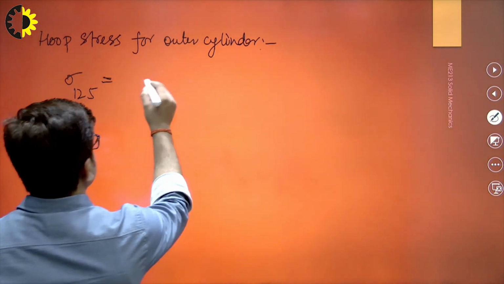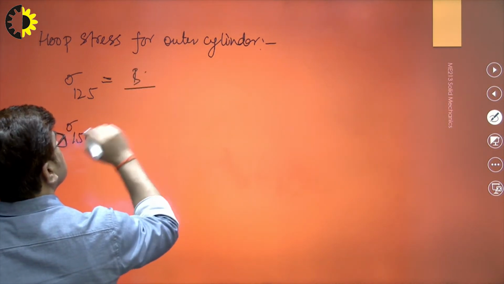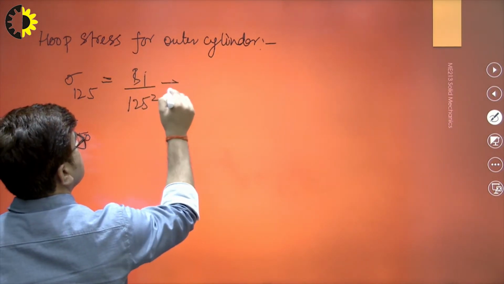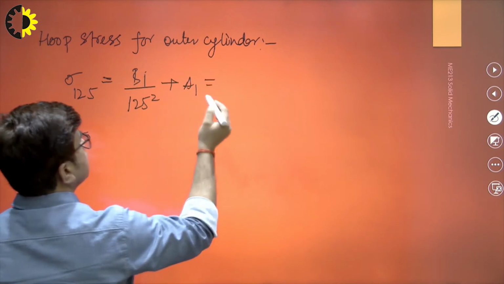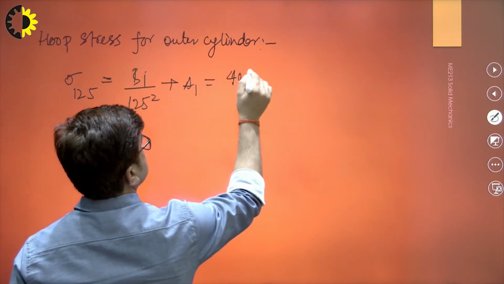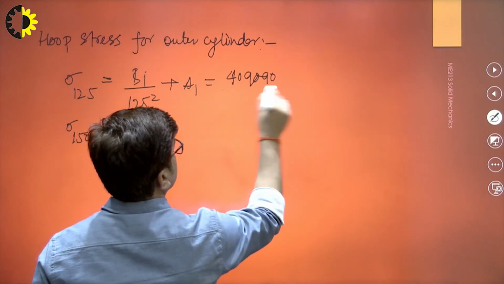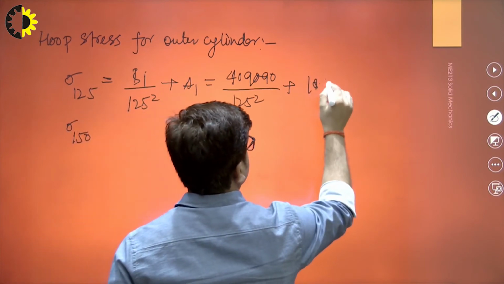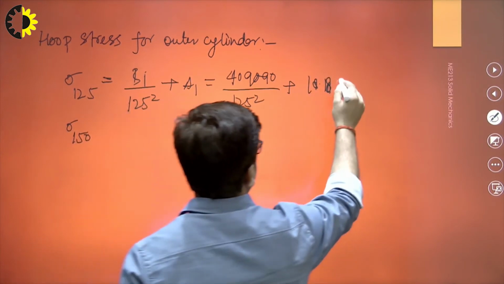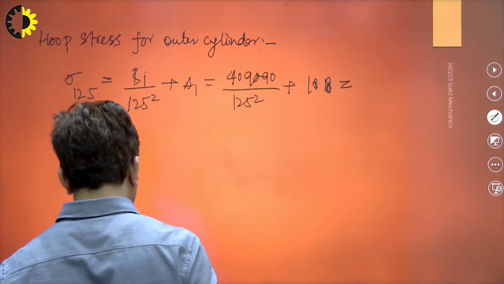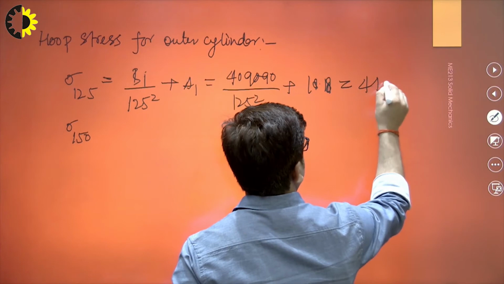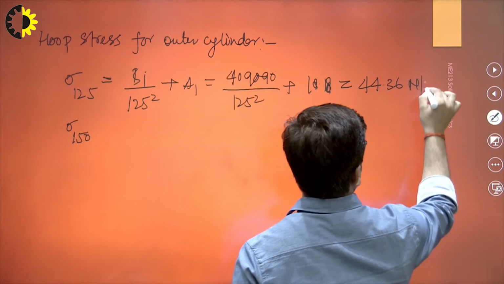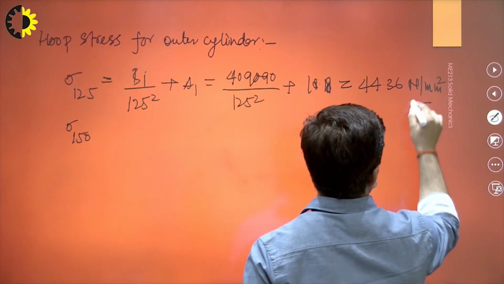So this is B1 by 125 square plus A1 equal to value of B1 as 409090 by 125 square plus value of A1 as 18.18. After calculating, this value comes out as 44.36 Newton per mm square, and this is tensile in nature.